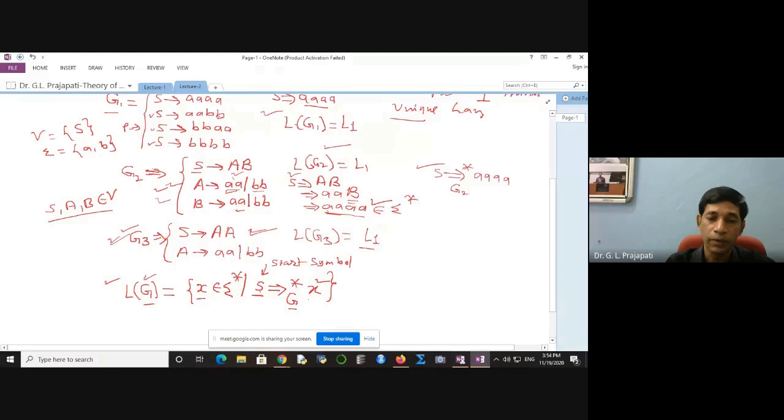If you are able to find this string using a sequence of grammar rules starting from S, then x will be in the language of grammar G.